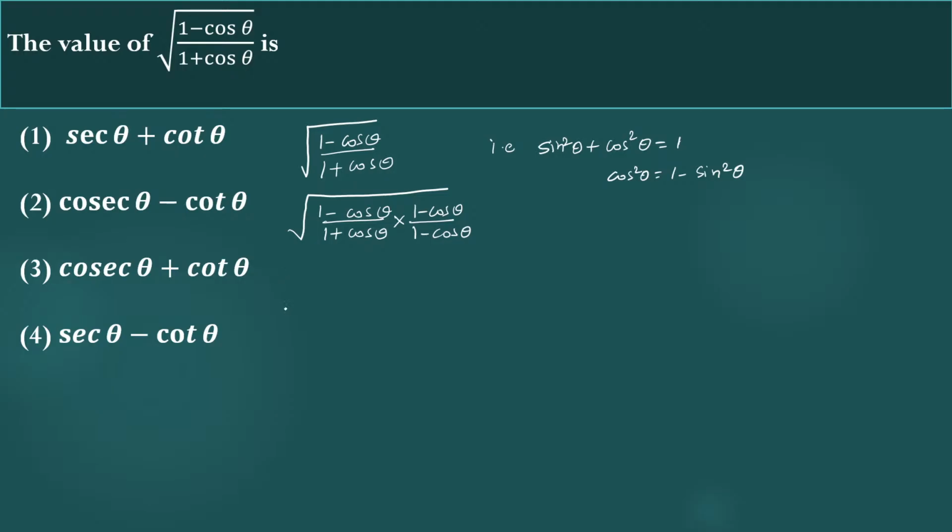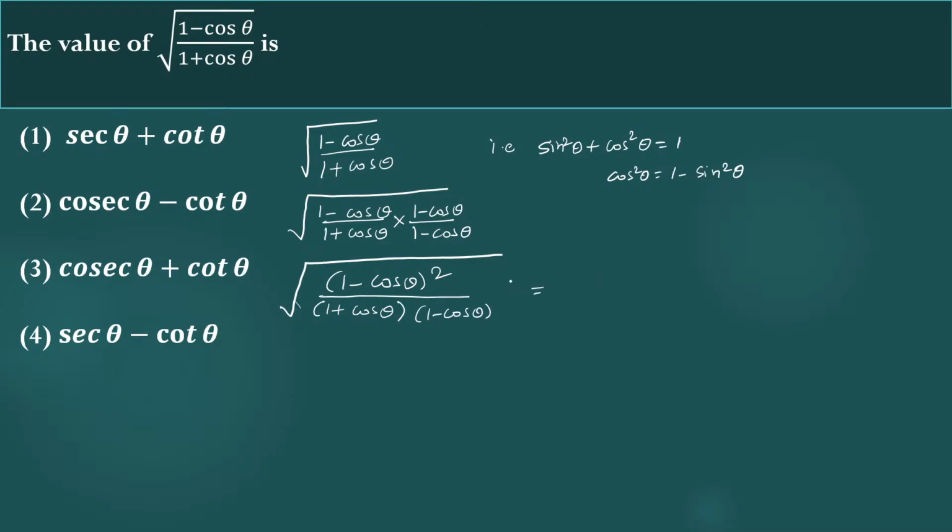We can write it like this: 1 minus cos theta whole square by 1 plus cos theta into 1 minus cos theta.